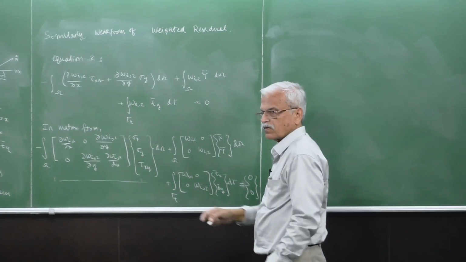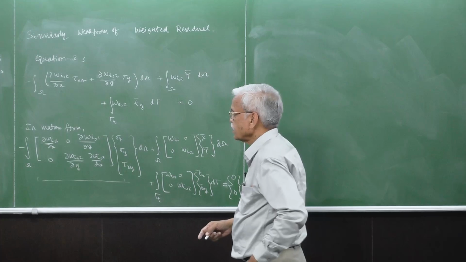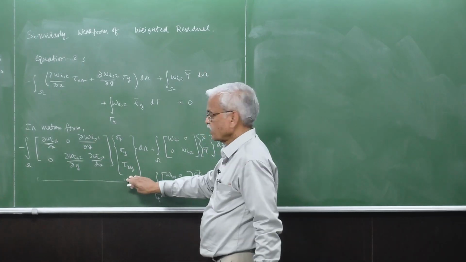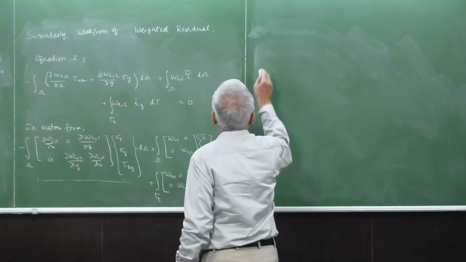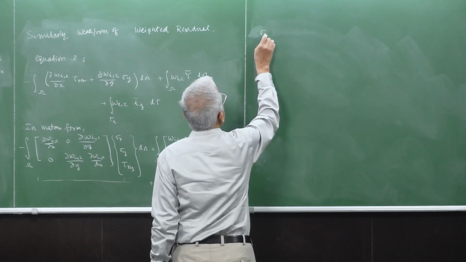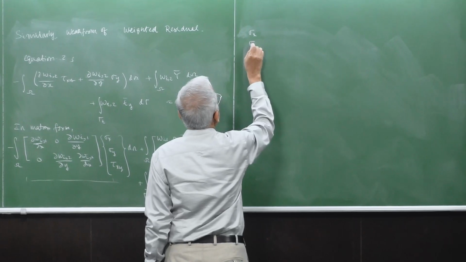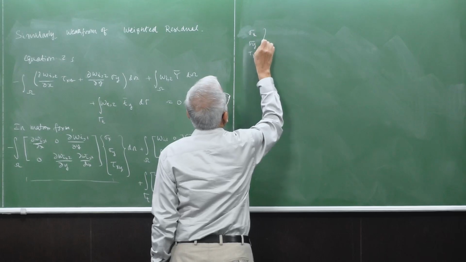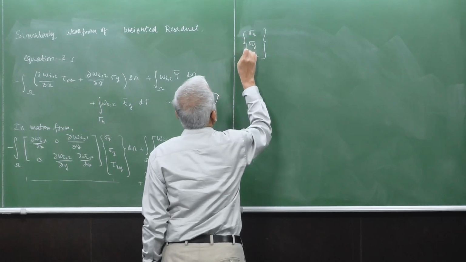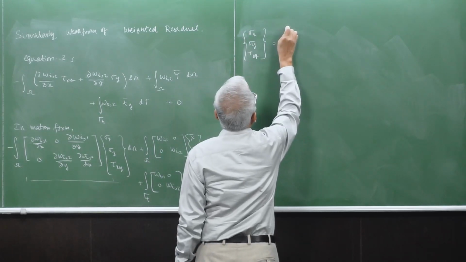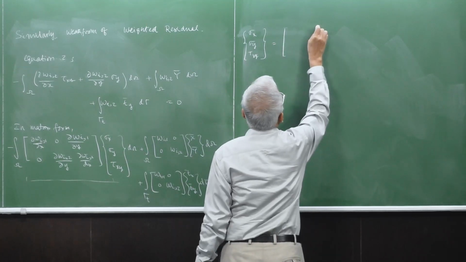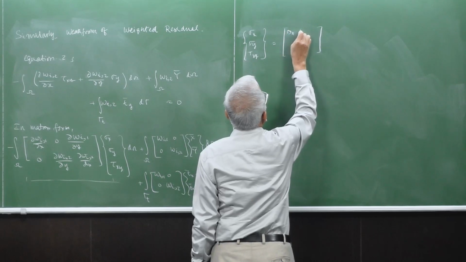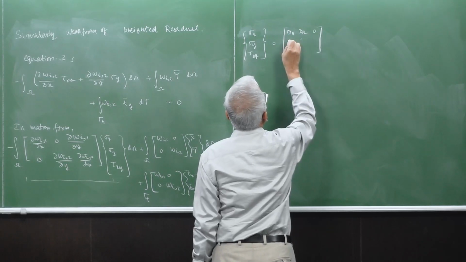So in that process, let me also simplify it to some extent. And what is sigma x, sigma y, tau xy? So sigma x, this also has to be written in terms of displacements. So how do we do this one? So this is the D matrix here, D1, 1, 1, 2.